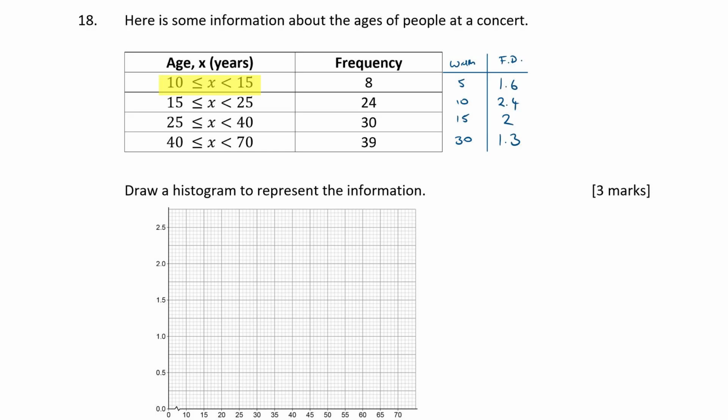I'm going to draw the bars below. So my first bar is going to be a width of 5 from 10 to 15 and a height of 1.6. I'm going to cheat, use auto shape. So from 10 to 15 and a height of 1.6.